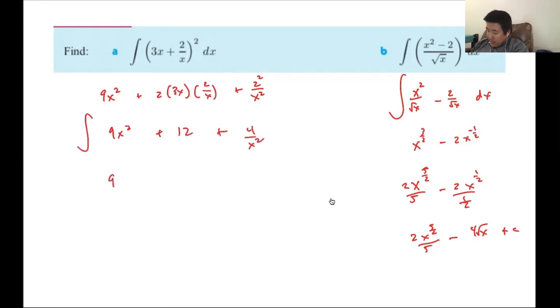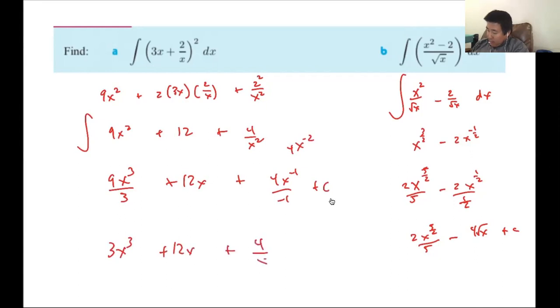So that's 9x cubed over 3 plus 12x plus 4x to the negative 1 over negative 1, so 3x cubed plus 12x plus 4 over x, or negative 4 over x plus c.